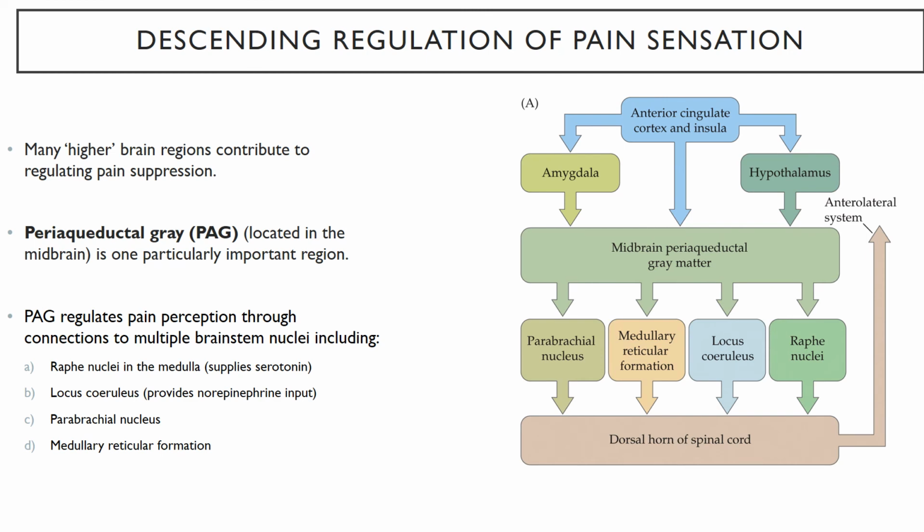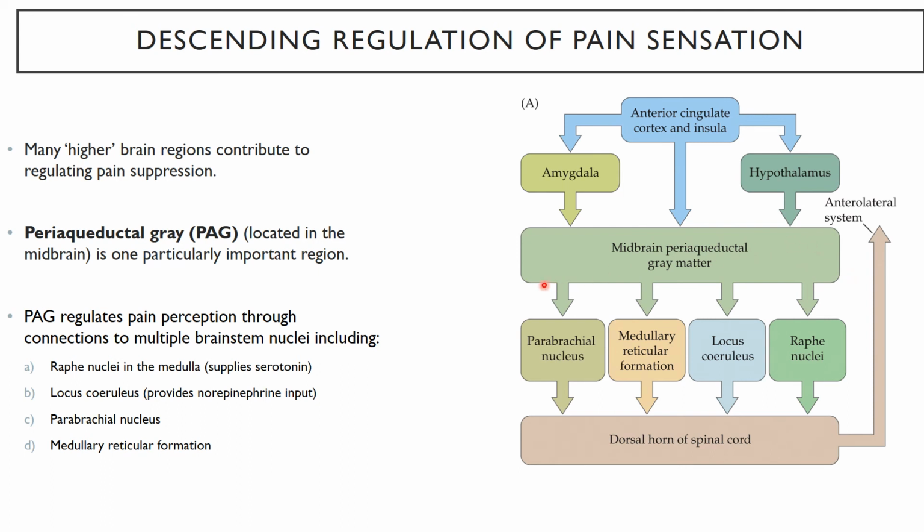The second way pain sensation is regulated is by a descending regulation of pain sensation. As I said, there's a complex set of networks where information comes down from the brain through a number of brain areas, and it makes its way through the periaqueductal gray matter, which is located up in the midbrain.